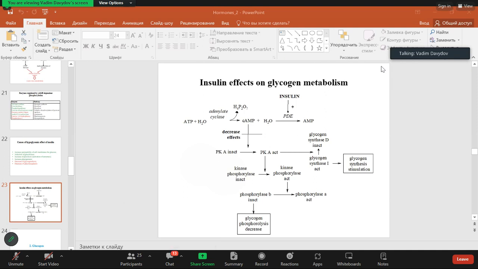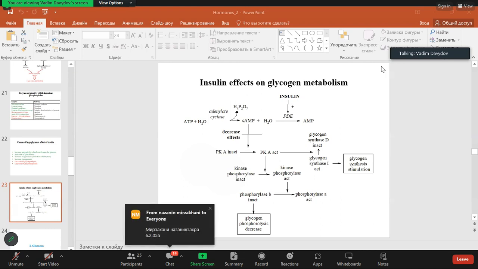On the other side, insulin inhibits lipolysis inside tissue. Inhibition of lipolysis in tissue is coupled with dephosphorylation of hormone-sensitive lipase.